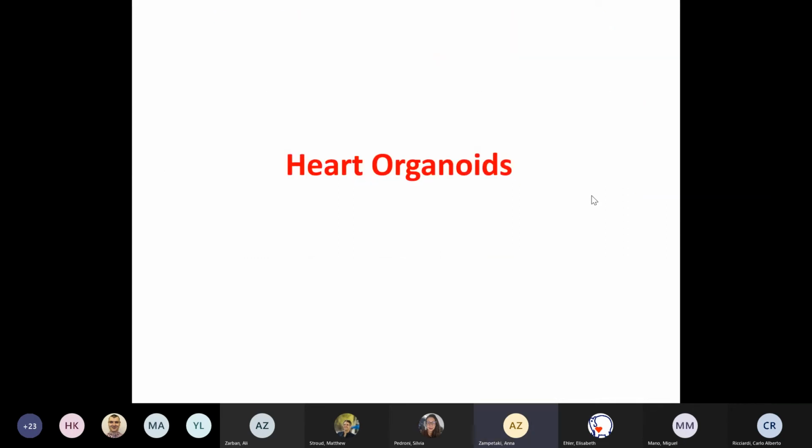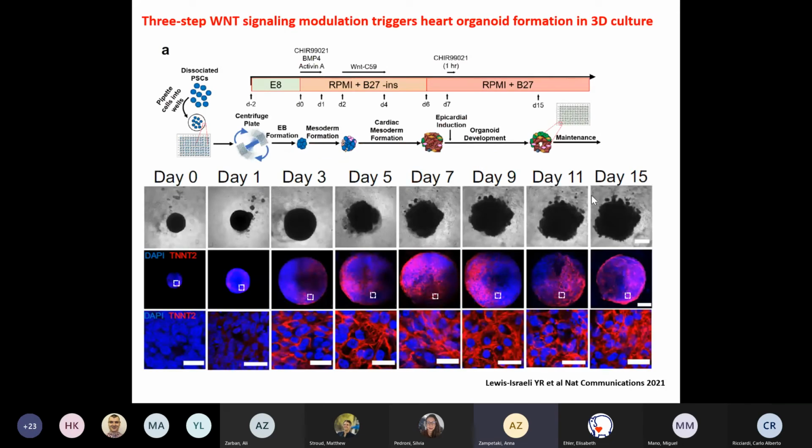So moving on to heart organoids, this is from a very recent publication. I think it's by far the most advanced protocol so far. You have 3 steps of differentiation. Again, we start with embryoid body formation, moving on to mesoderm and cardiac mesoderm formation, and finally organoid development.